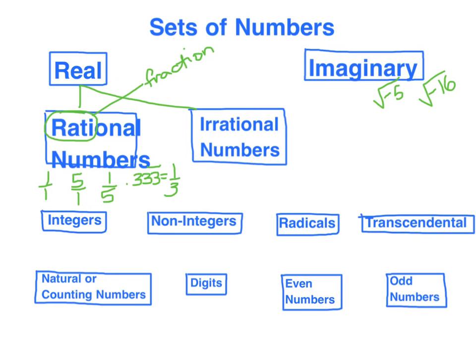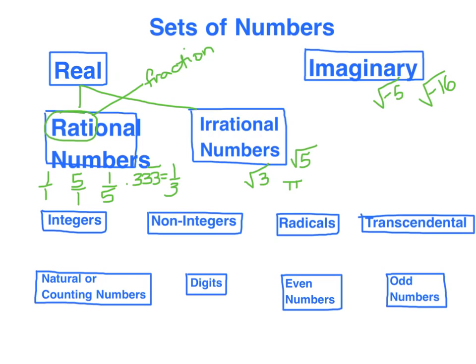Irrational numbers are any numbers that can't be made into a fraction. That would be something like the square root of 5, the square root of 3, pi is an irrational number. So anything that can't be made into a fraction is an irrational number.